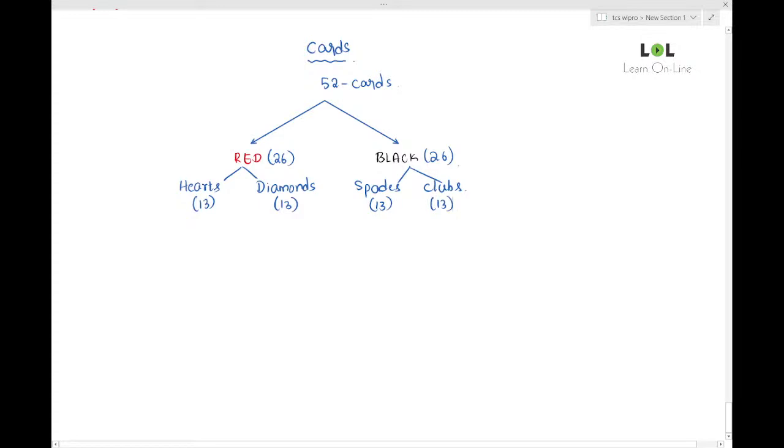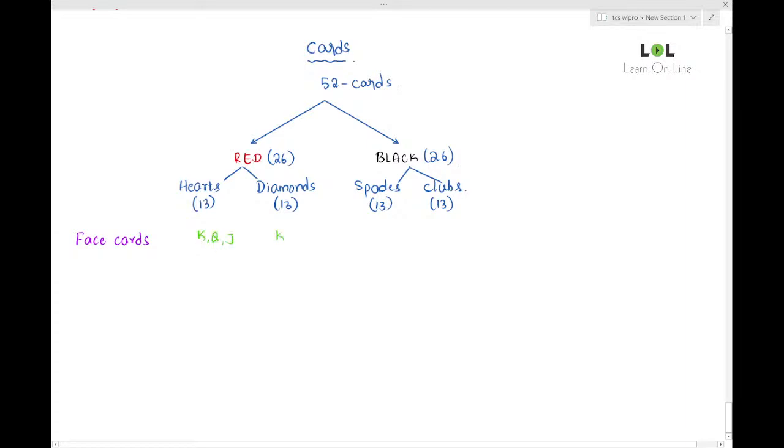Okay. So now, what are the different cards we will have? If you see, guys, we will start with the face cards. Which are the face cards? We will be having king, queen, and jack.